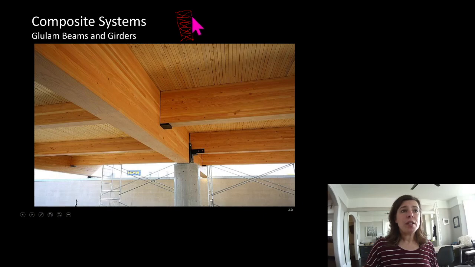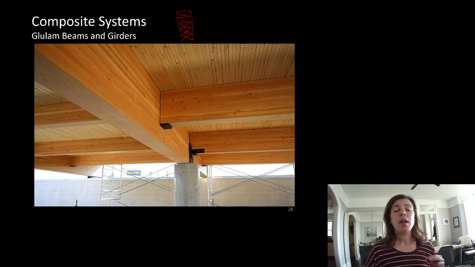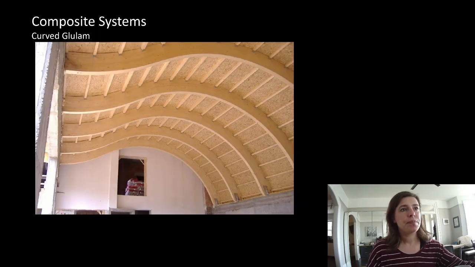And rather than just have 1, 2, 3, 4, 5 2x6s on top of each other, which is definitely better than 1 2x6, if we glue them together, we have one beam that is this deep. And we've seen the impact on that on our section modulus and our moment of inertia, which is strength and stiffness, by making it composite.